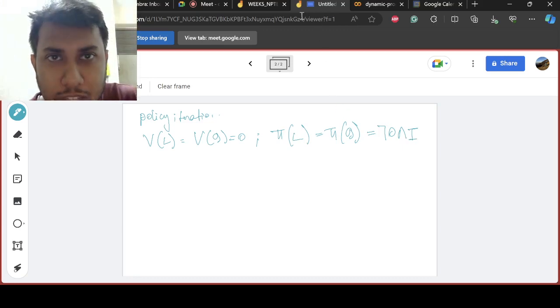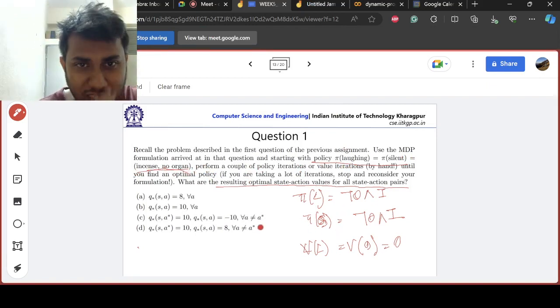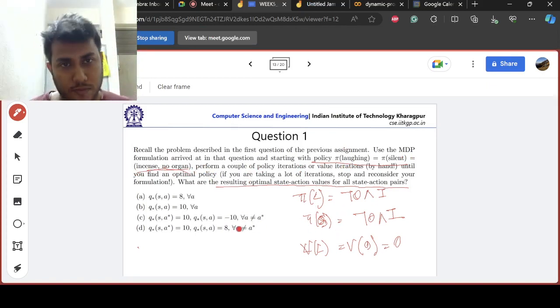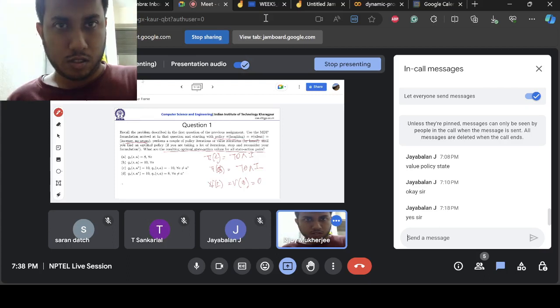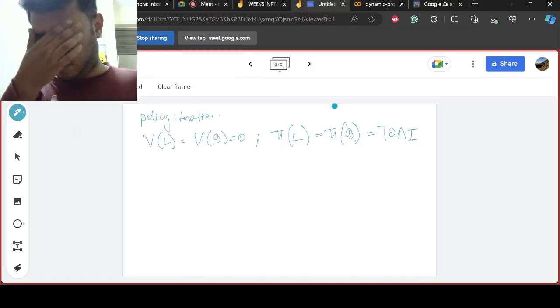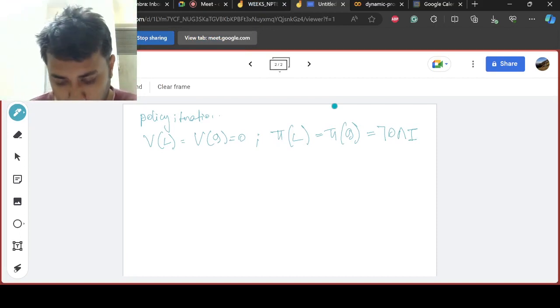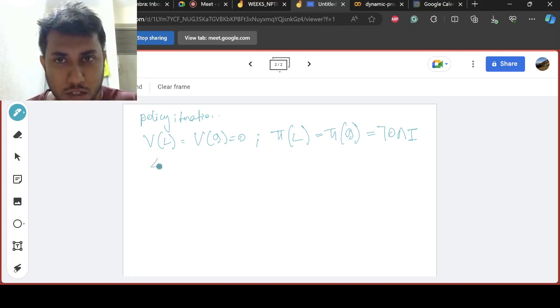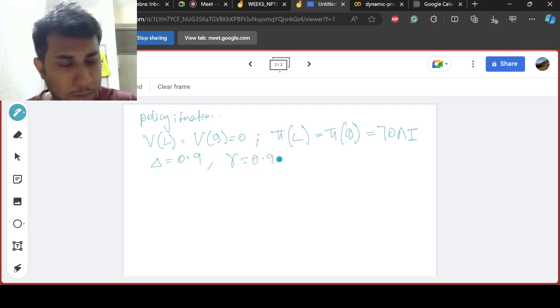This is the initial policy, and initially the value functions are 0. Also given, theta is equal to 0.7, and gamma is equal to 0.9.